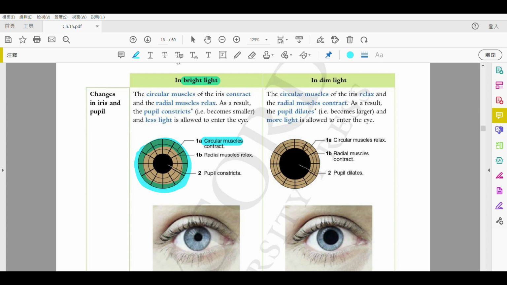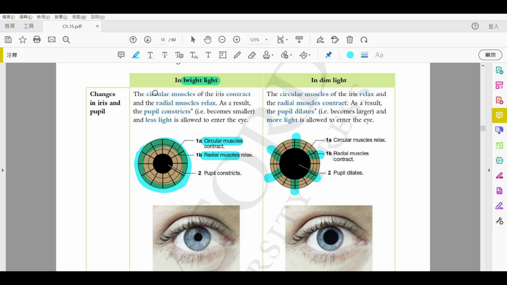In Chinese, you can see that it's called the radial muscle. So this one is the radial, the one on the right hand side. It's like radiation. So it's like radial. Okay? In bright light, I will only prefer you to remember the radial muscle. I'll talk about that in a minute.